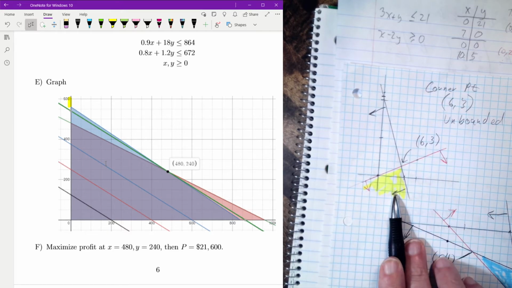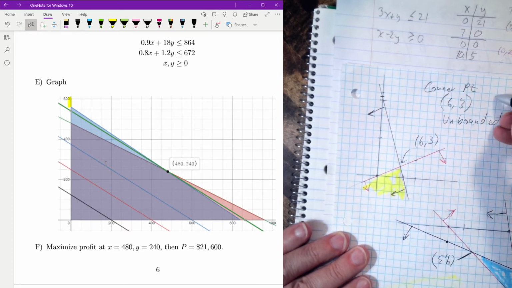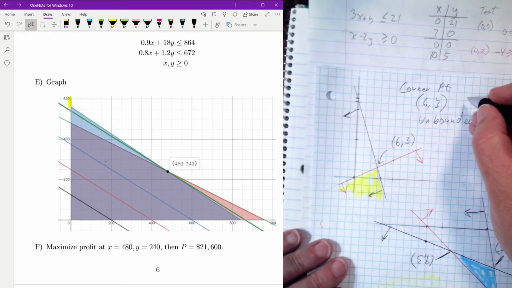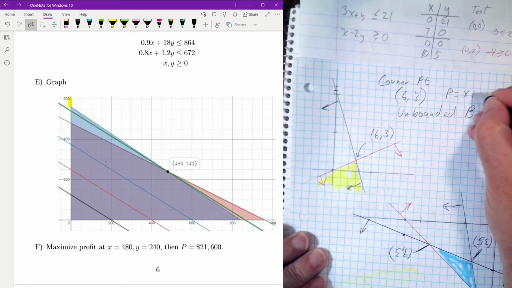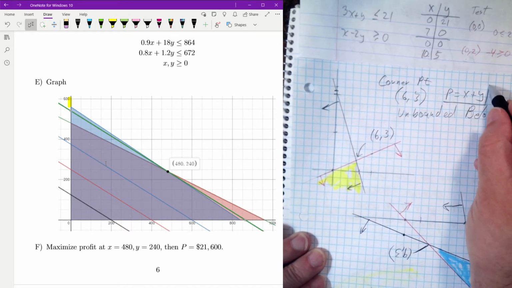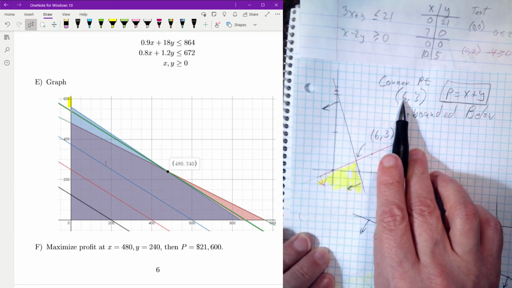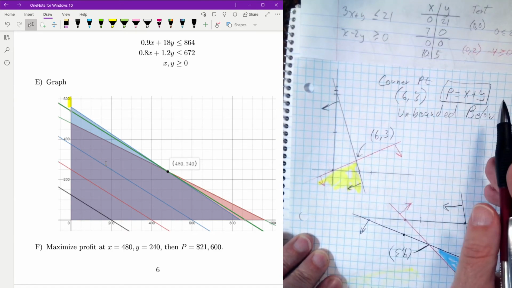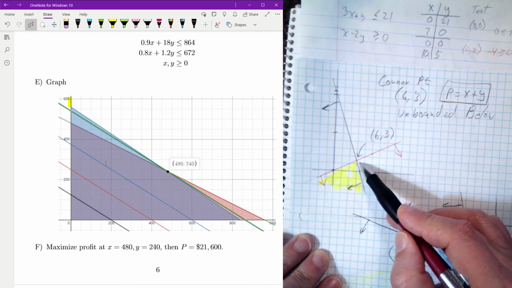So let's say that our objective function was P, and P equals x plus y. And this is our objective function. We have only one corner point. So if we want to maximize it, this can only be maximized at this point.